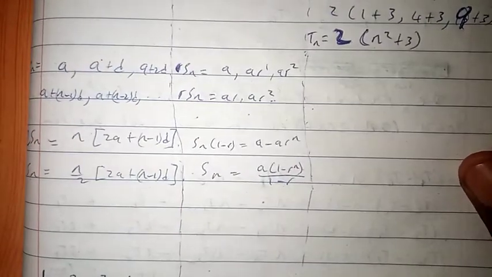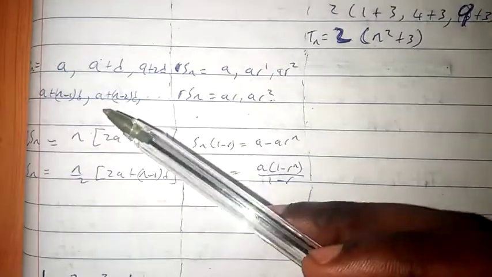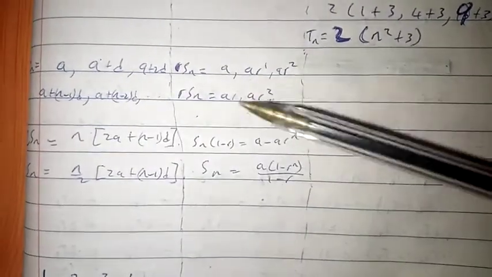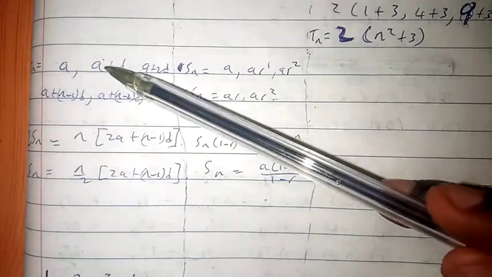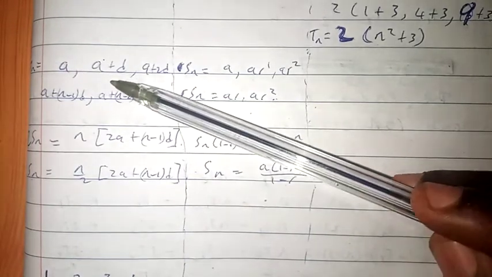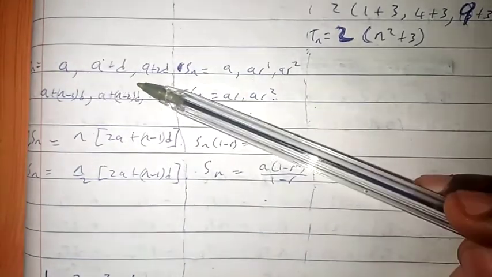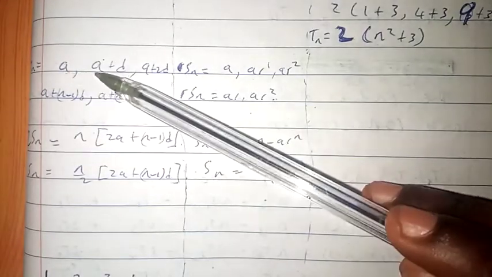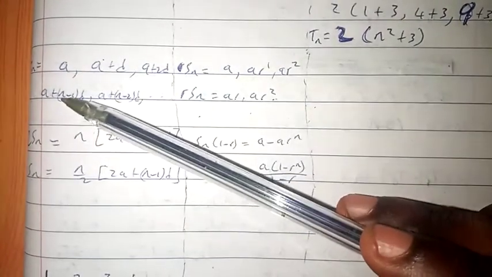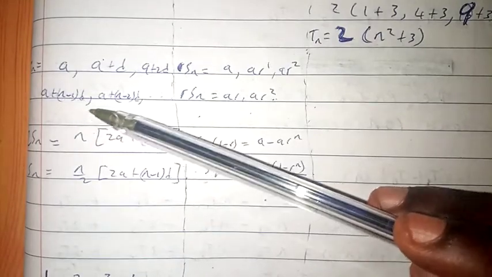It's similar for deriving the sum. Take for example the arithmetic progression. To derive the sum you basically need to take the progression starting from the first term going upwards, and then take the progression starting from the nth term going downwards.